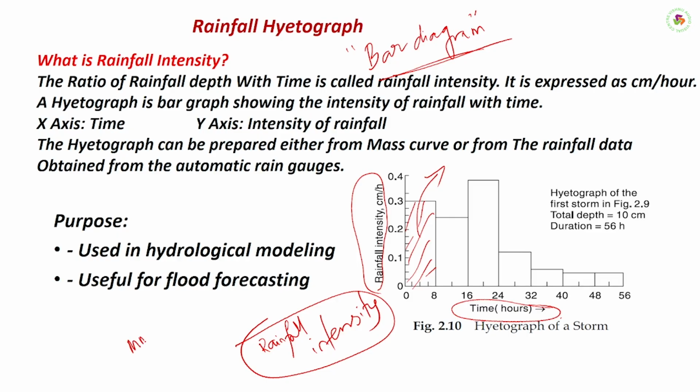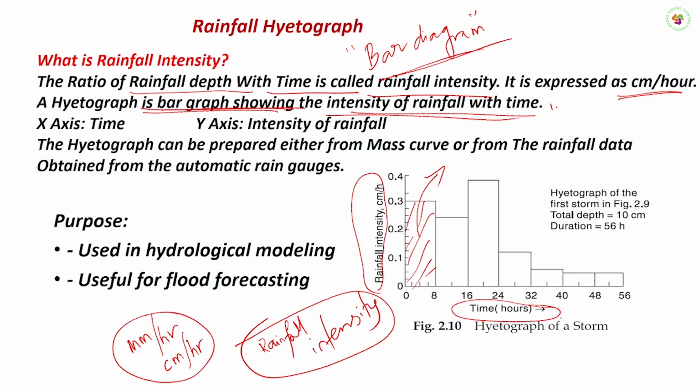It is mm per hour or centimeters per hour. How much depth of rainfall falls in the given time, per 1 hour, is what we call intensity. The ratio of rainfall depth to time is called rainfall intensity and is expressed in centimeters per hour. So a hyetograph is always a bar graph showing intensity versus time.